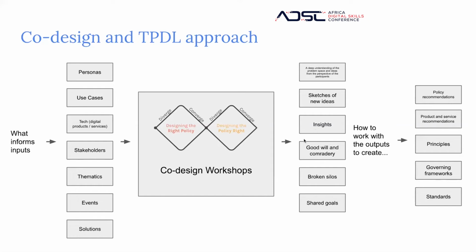You can sketch new ideas, you get new insights, you also get the goodwill and trust of the people you're working with. You've broken across silos, now everyone is on the same page, and you're working towards a common vision with a shared goal. And so this is basically a 3-tier process, but these can be done through a variety of ways.